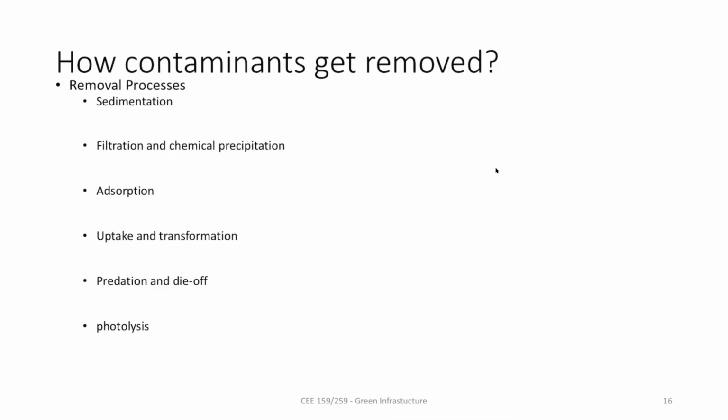Sedimentation is basically this one. The way you design it is by settling velocity. You know this one from other classes: particle density minus water density, times acceleration due to gravity and particle size squared, divided by 18 and viscosity, which is mu.